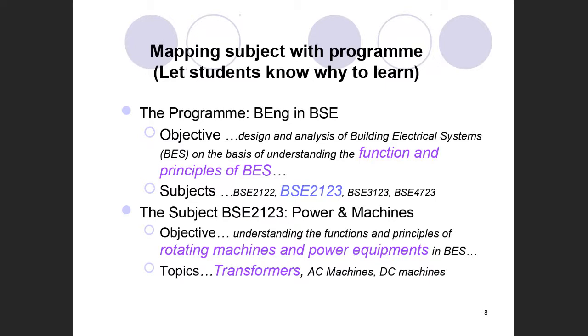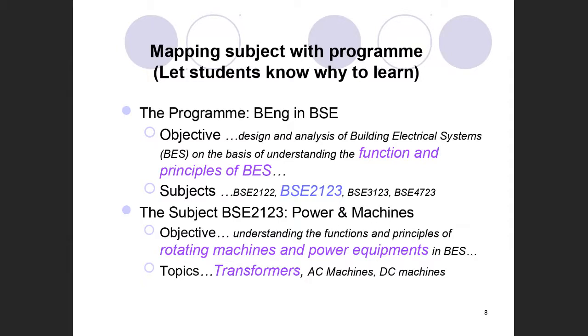For this subject, the objective is to teach you to understand the functions and principles of rotating machines and power equipment in building electric services. We have various types of rotating machines and types of power distribution and usage equipment. Based on these objectives, we have arranged 3 topics.